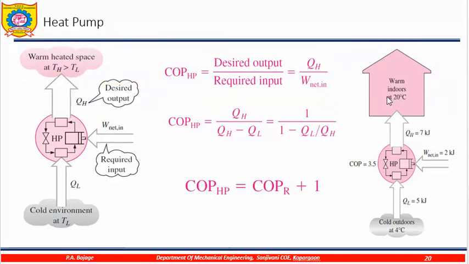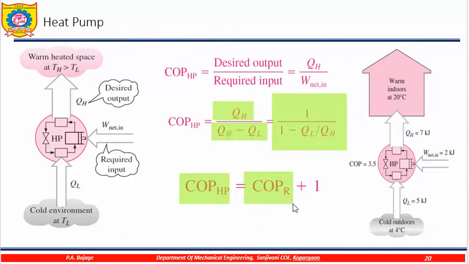So you can see this is a house. We will first see these formulas. The output is QH and the input is W, so QH minus QL. When you simplify this, you will get this formula. So if you compare the coefficient of performance of a heat pump and a refrigerator, you will get this equation.